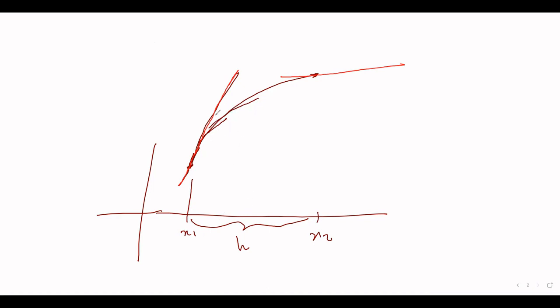So say for example the value of the slope here is m1, and the value here is m2. My claim is this will work as kind of an average of m1 and m2. It will not exactly be m1 plus m2 by 2, but it will be very close to m1 plus m2 by 2 because the slope is changing at almost a linear rate as h is very small. Can you see this now?